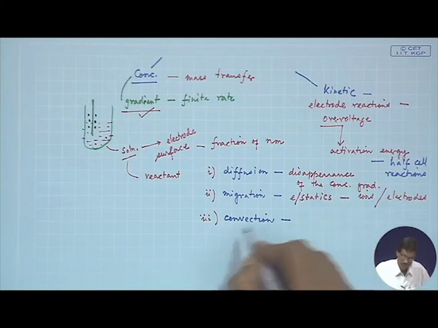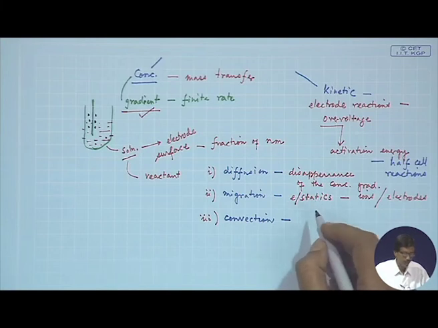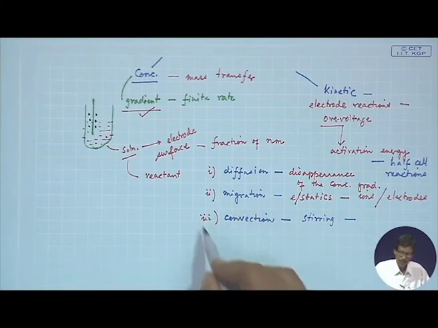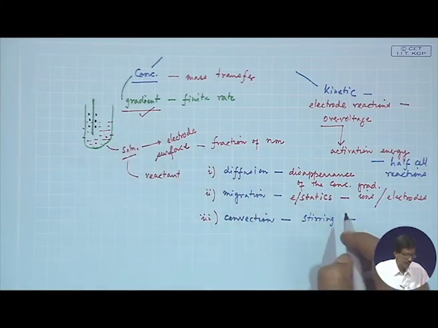And convection we simply allow by using a magnetic stirrer. So, mechanical means of stirring is useful, and that will allow the convection, which will remove the concentration gradient.